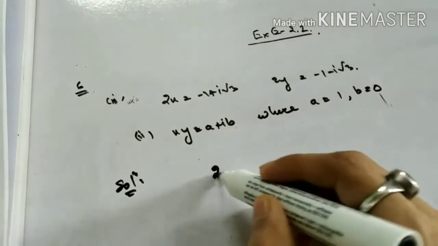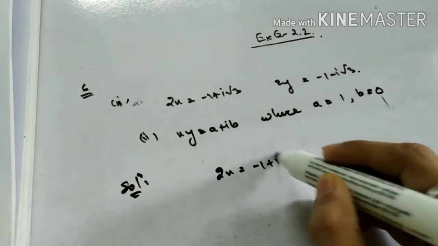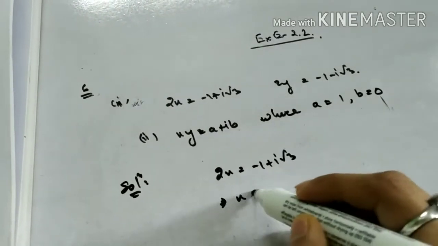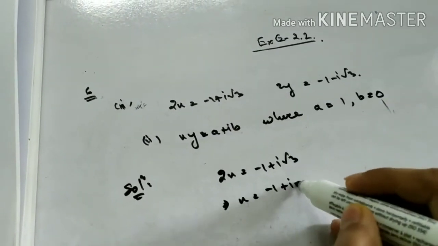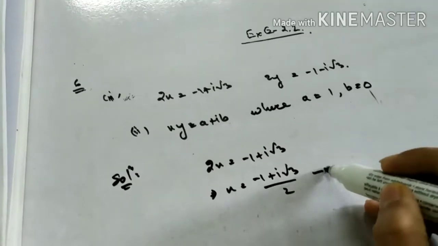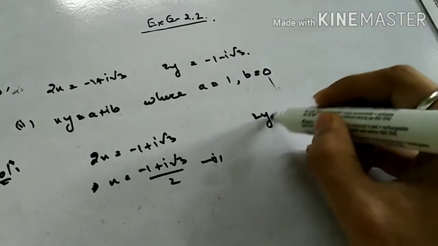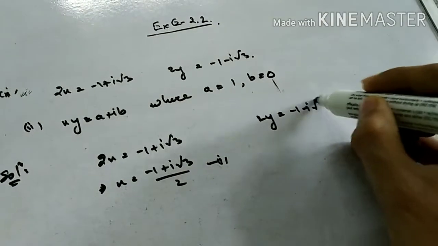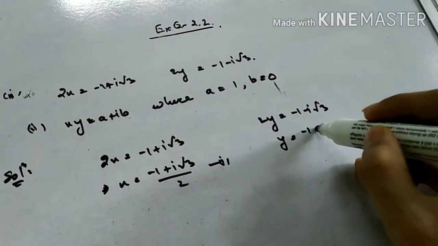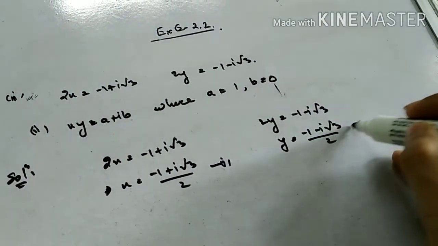So here 2x equals minus 1 plus i root 3, so x equals minus 1 plus i root 3 by 2. This is our equation 1. 2y equals minus 1 minus i root 3, so y equals minus 1 minus i root 3 by 2. This is equation number 2.